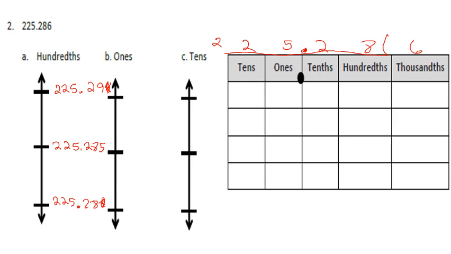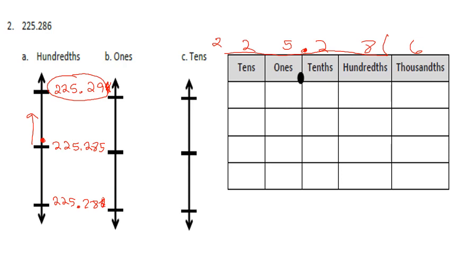Now I'm going to take our original number, 225 and 286 thousandths, and that would be roughly right here. So I know anything on the line or above would round up. So we would round to 225 and 29 hundredths.